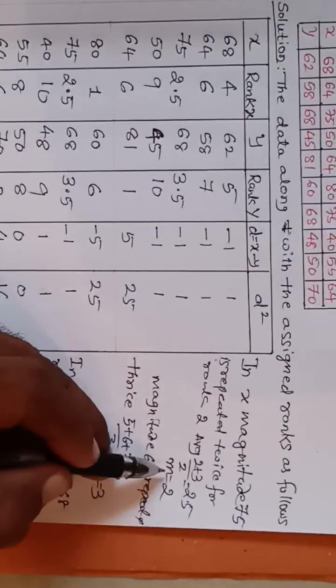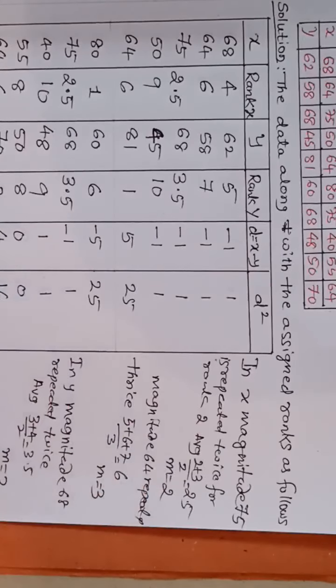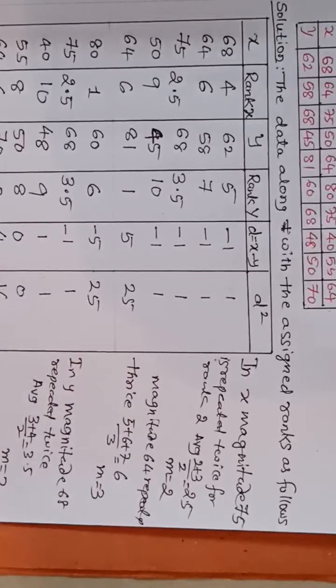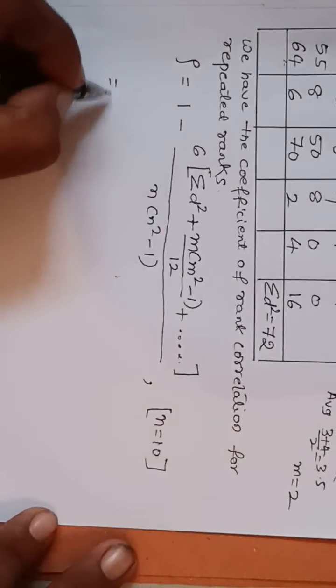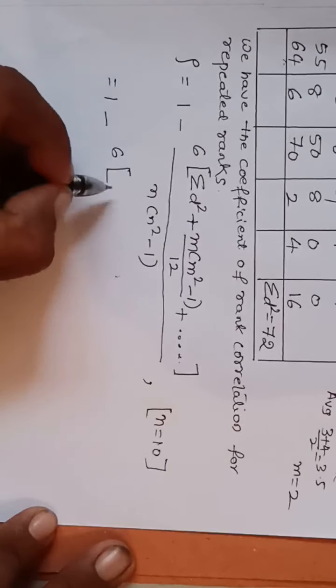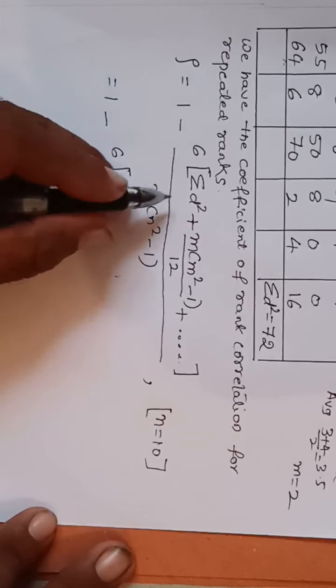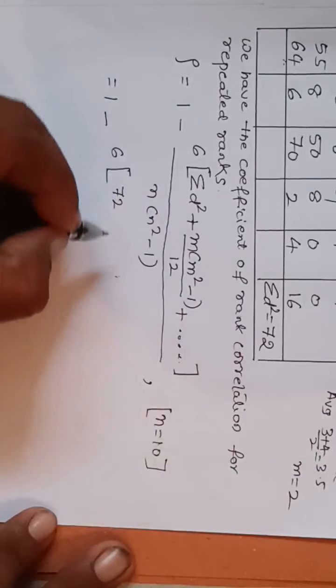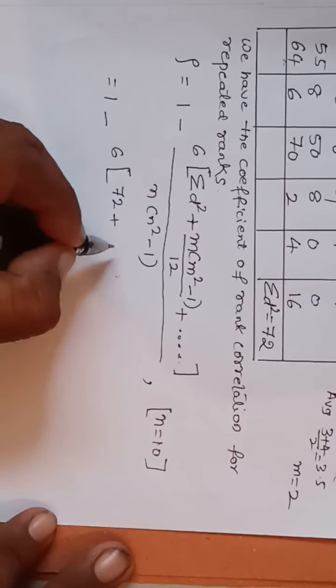For m we got first 2, then m is equal to 3, and m is equal to again 2. That means we got 3 values of m: 2, 3 and 2. So in the equation, 1 minus 6 into the summation of d square, which is 72, plus m.